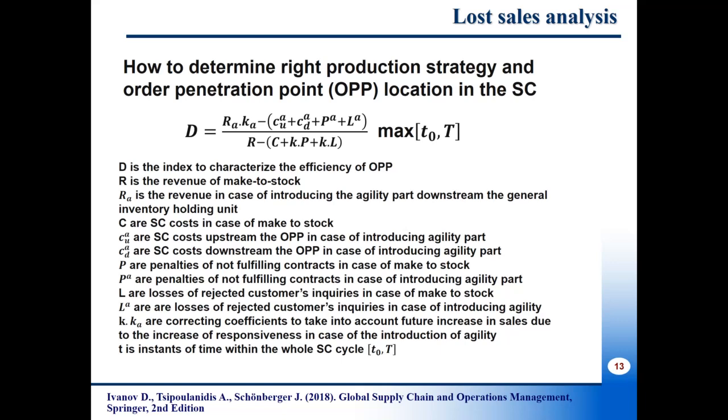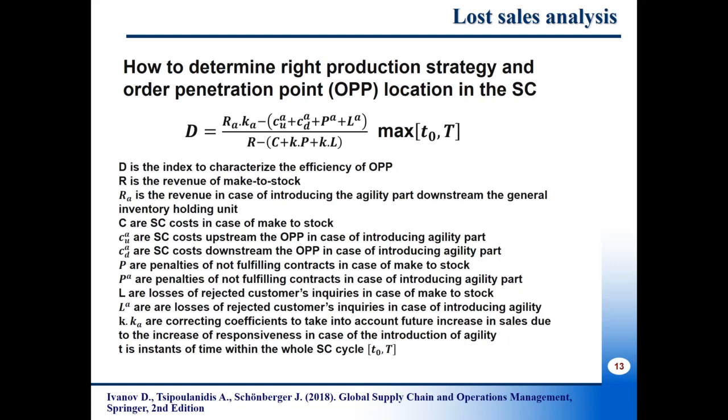In the proposed model in front of us, we consider two strategies: make to stock and delivery from a general inventory holding unit, or make to order, introduction into the agile part downstream of the general inventory holding unit. We follow an assumption that in the upstream part of the supply chain, the processes are designed to be lean.